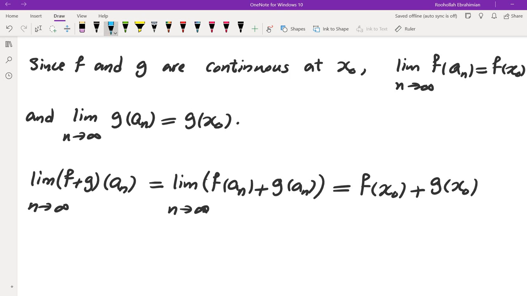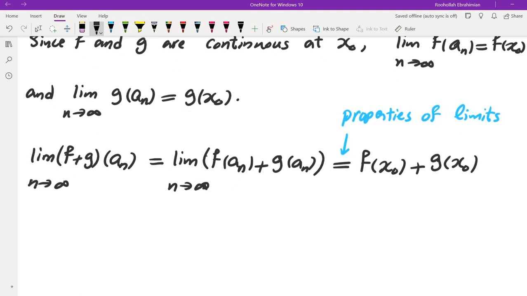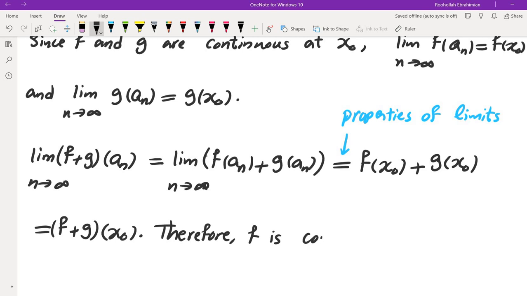So here I'm using properties of limits, because I know limit of sum is sum of limits, assuming that those two limits exist. And of course this is just f plus g of x naught. And that implies f plus g is continuous at x naught.